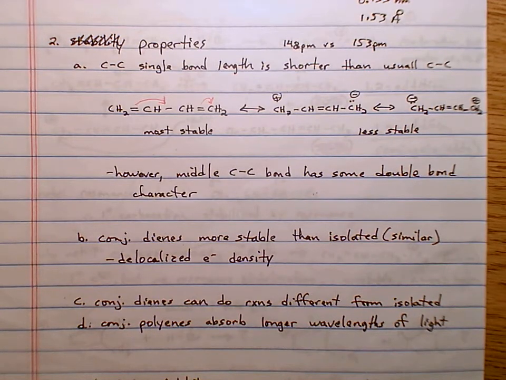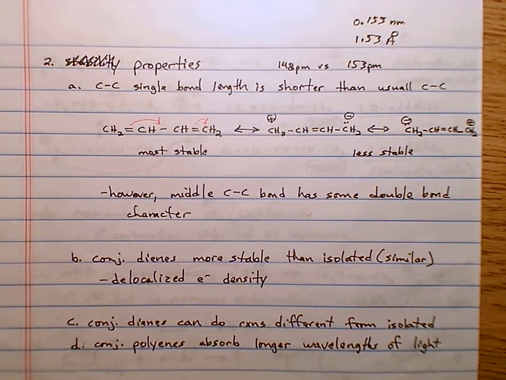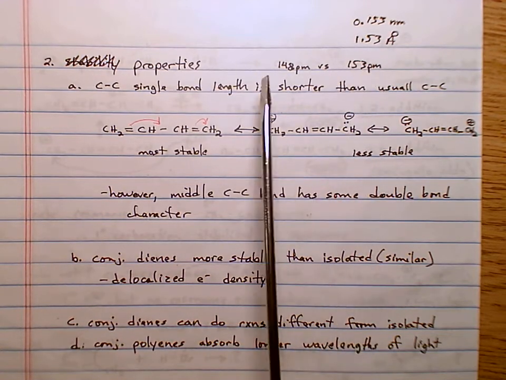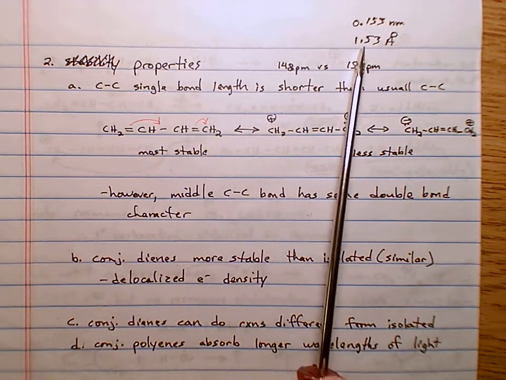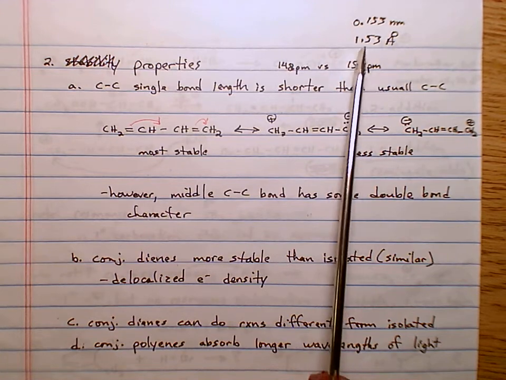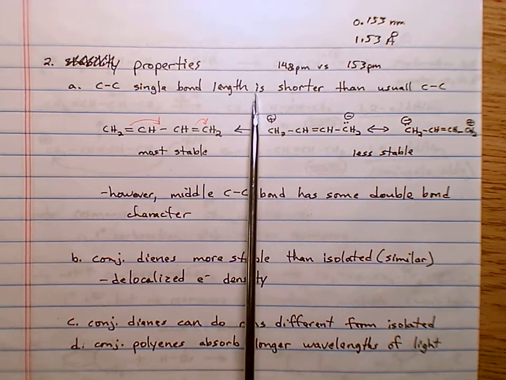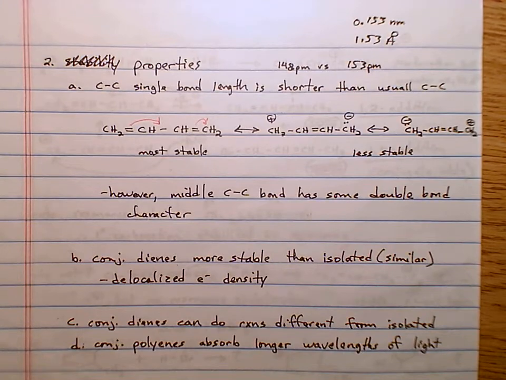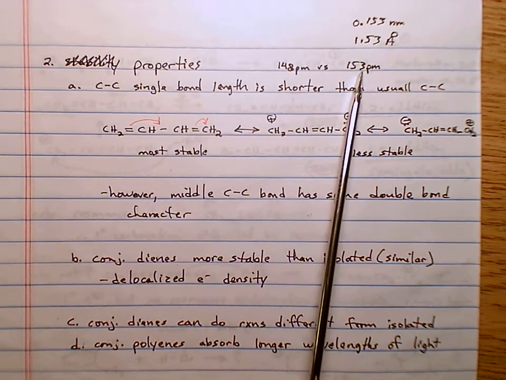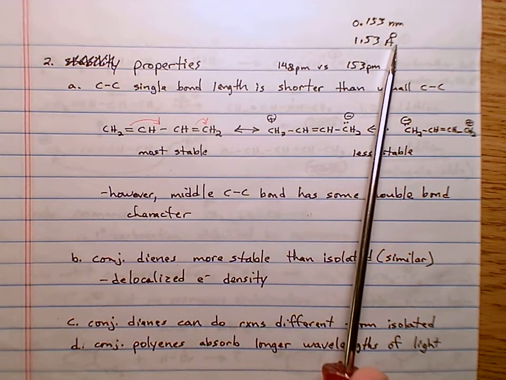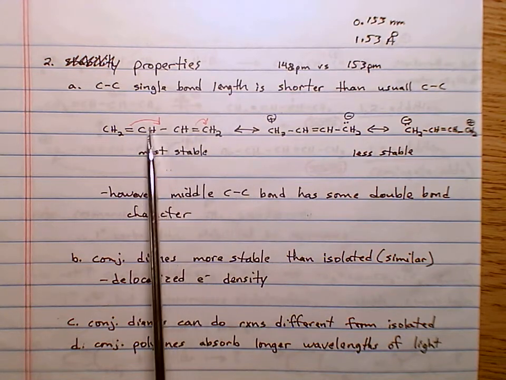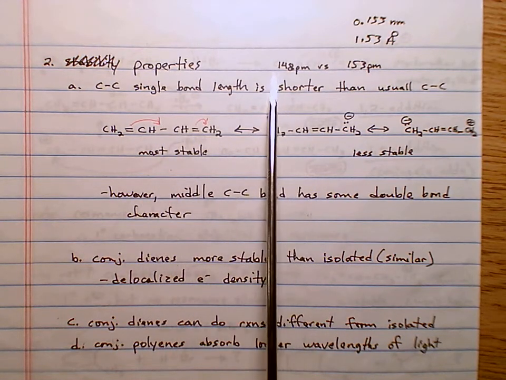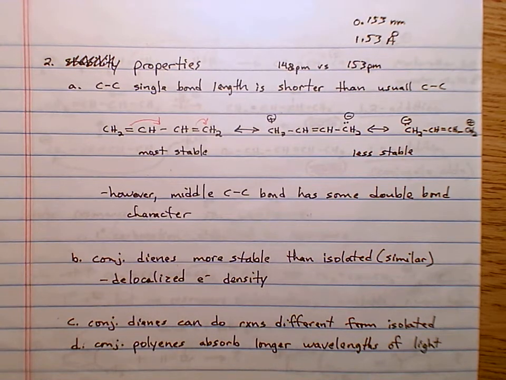I like angstroms, this little A with a circle over it, because then a normal carbon-carbon bond length is 1.5. Oh, I gotta love the number 1.5. I like that better than 153 picometers myself, or 0.153 nanometers. So, a normal carbon-carbon single bond is 1.53 angstroms. In our conjugated diene, it's a little bit short. It's 1.48 angstroms, or 148 picometers.